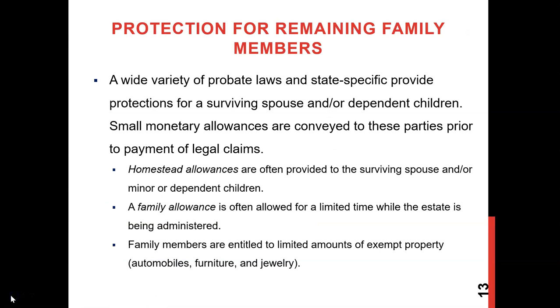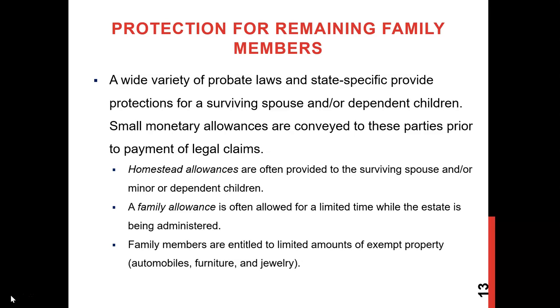As we discussed before, most of the states follow the Uniform Probate Code, and some states do have their own rules and regulations. No matter whether a state follows the Uniform Probate Code or its own state-specific rules and regulations, those acts and laws try to provide some amount of protection for a surviving spouse, or any minor or dependent children.